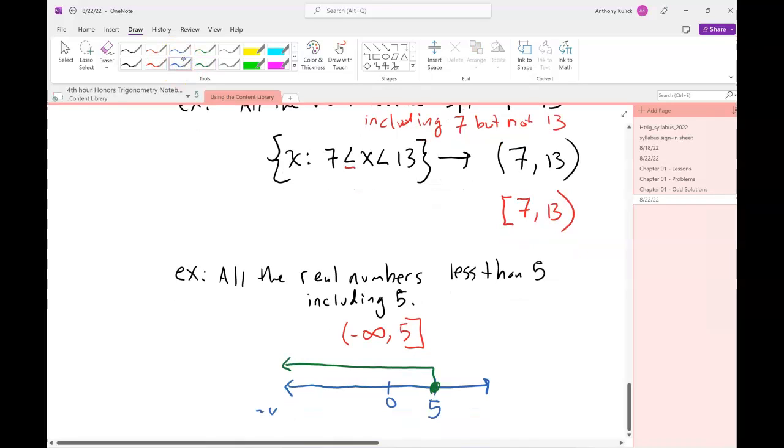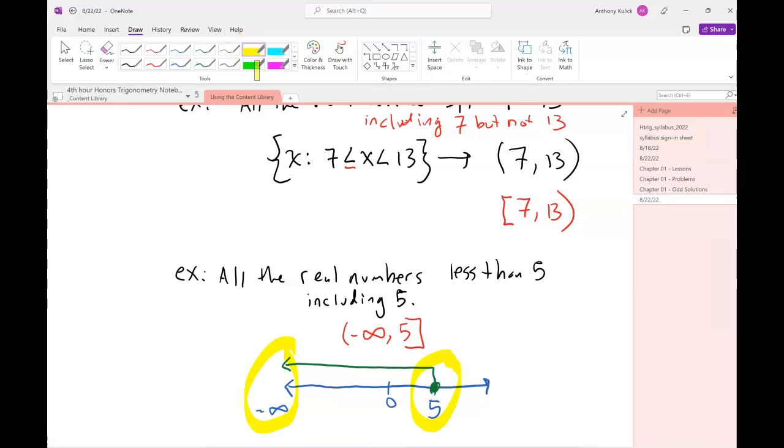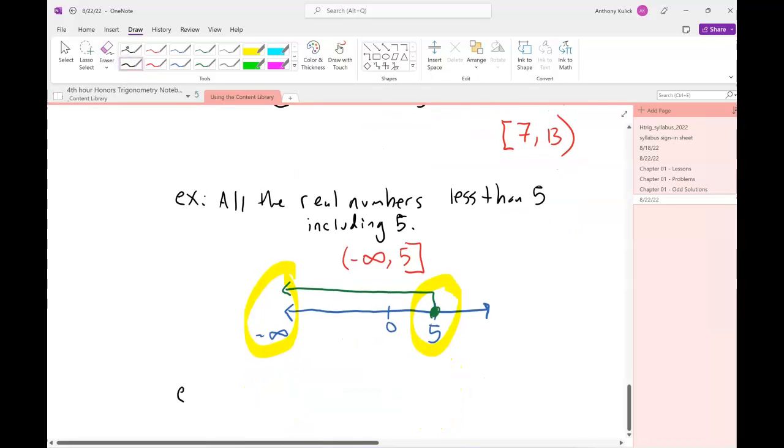So if I look at the stuff that's covered, negative infinity up to and including 5. So again, I'm a visual person. I think that it's super easy to write the interval correctly once you have a picture on the number line. And sometimes if I'm stuck as to how would I write that interval, drawing a picture on the number line can be awfully helpful. We'll do 1 or 2 more examples and then call it a day. How's that sound? Okay.